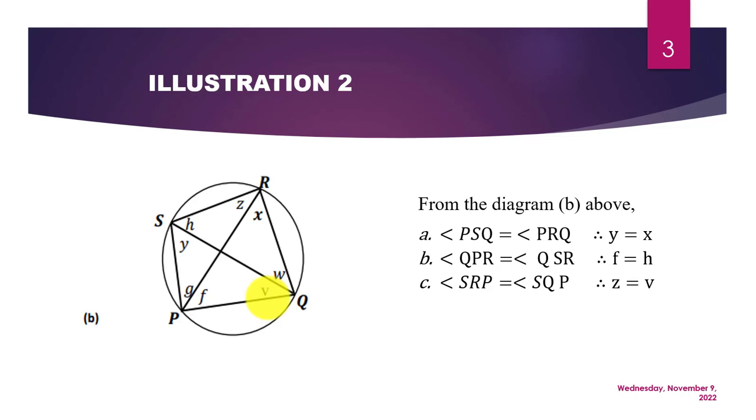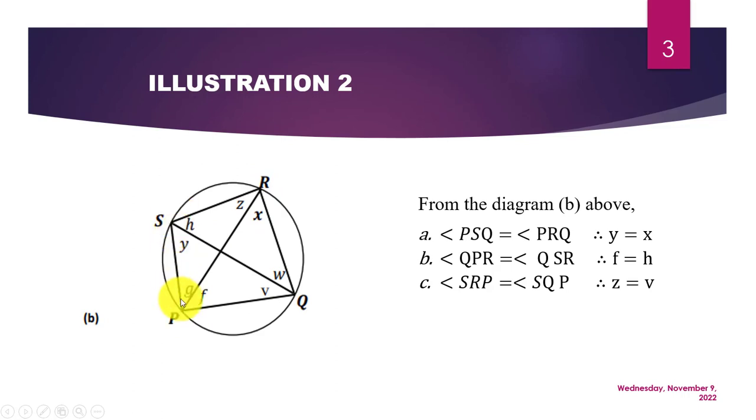Now, angle SRP is also equal to angle SQP. So let's locate the various angles. Angle SRP is located here, and it is subtended by the chord SP.